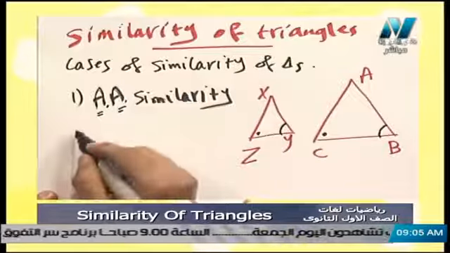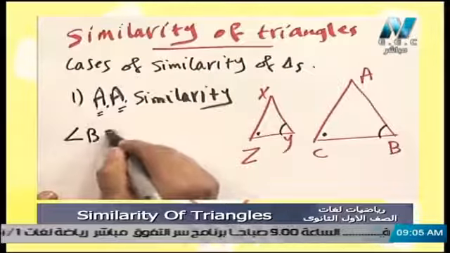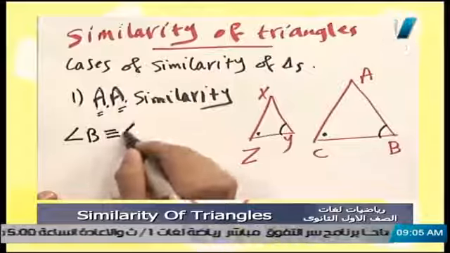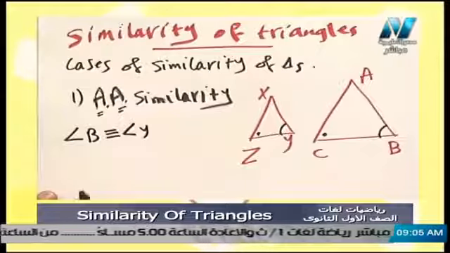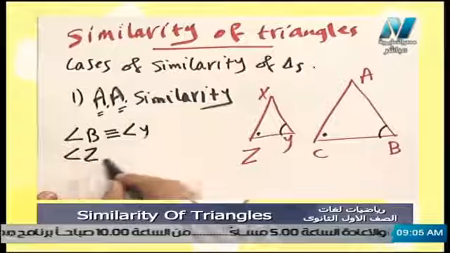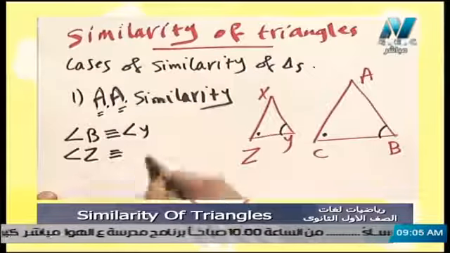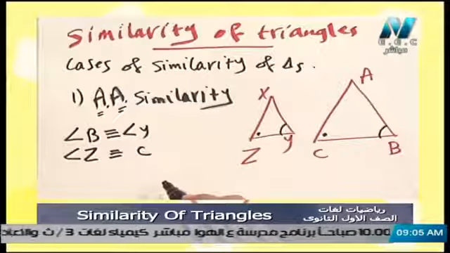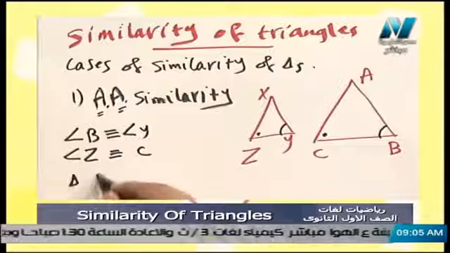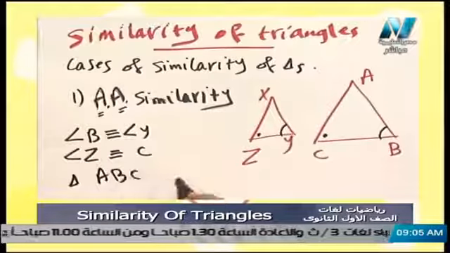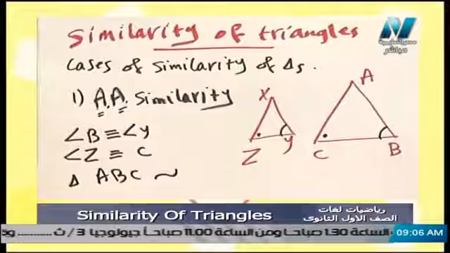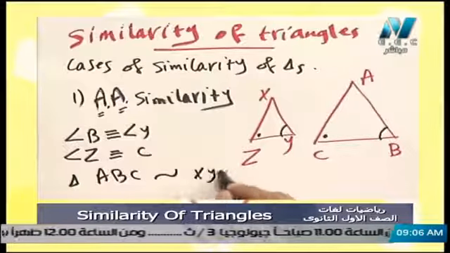So if the angle B is congruent to the angle Y and the angle Z congruent to the angle C, then we can say triangle ABC is similar to triangle XYZ.